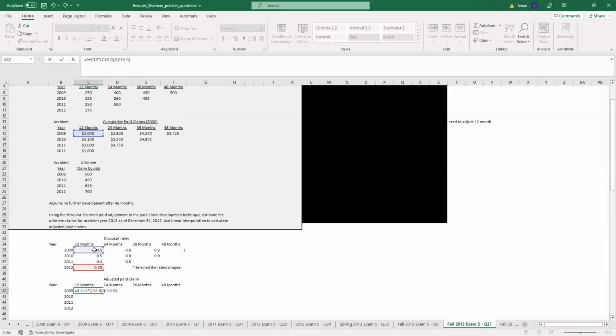And this will flip depending on what you have. For example, if the disposal rate was smaller, like say 0.2, that means we'd be using this 0.8 disposal rate, so 0.8 minus 0.5. Because it's bigger, we use 0.5 minus the one disposal rate that's lower, which in this case is 0 because we don't have one that is lower.